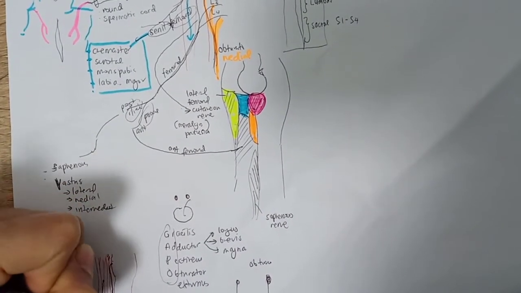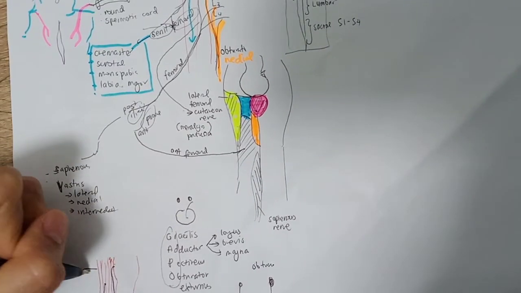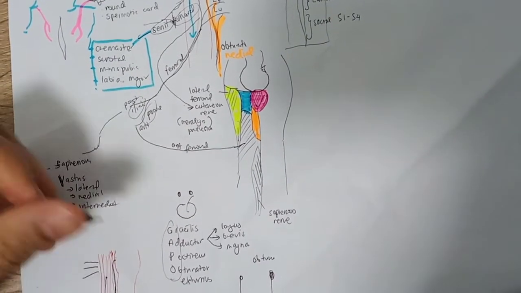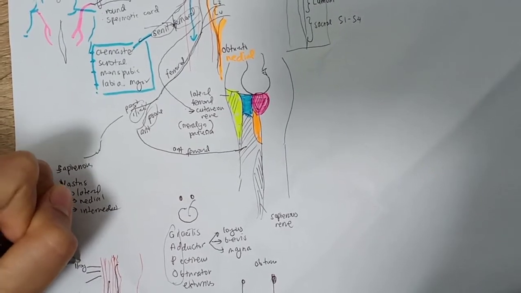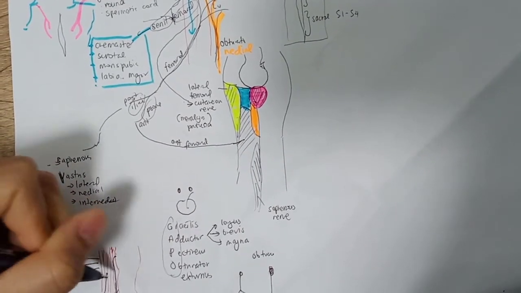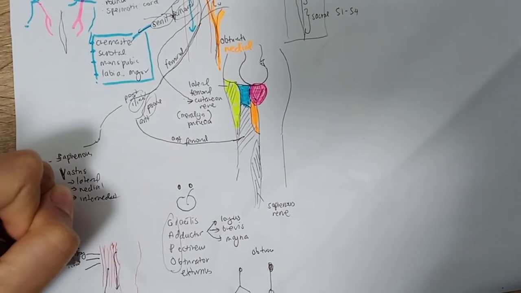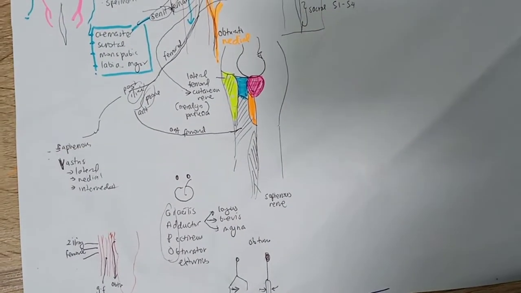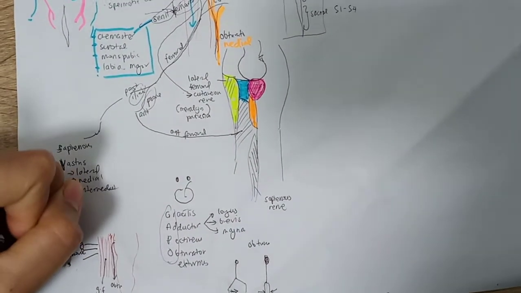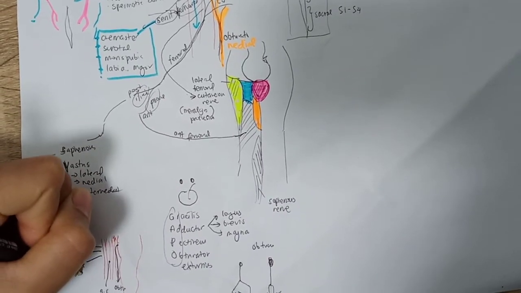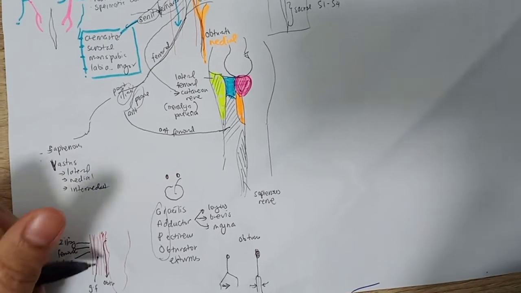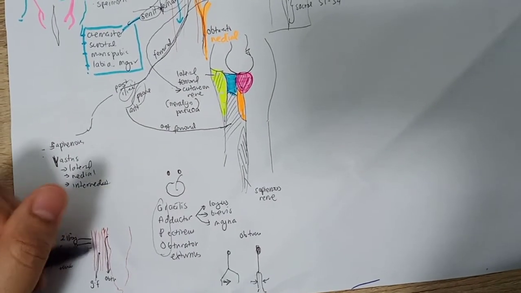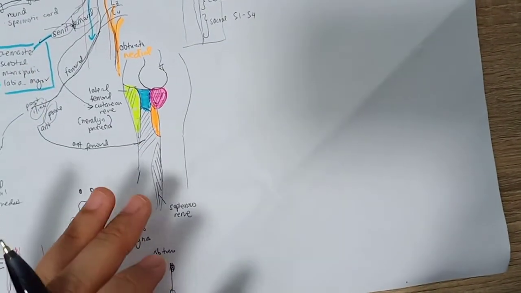Here is the genitofemoral, and laterally is the rest, which is the ilioinguinal, iliohypogastric, and then the femoral. Okay, and we have the lateral femoral cutaneous. That is the question that they ask about the position, the anatomical landmark of the nerves. So that is for this part.